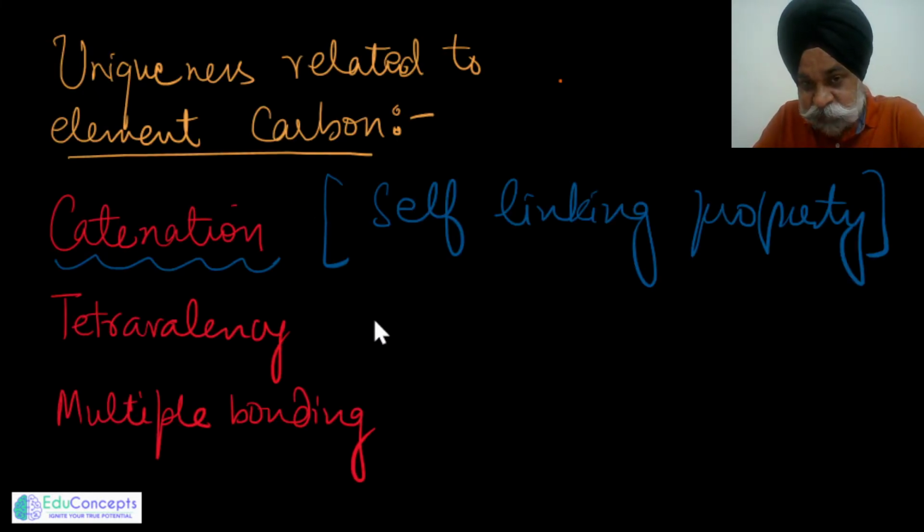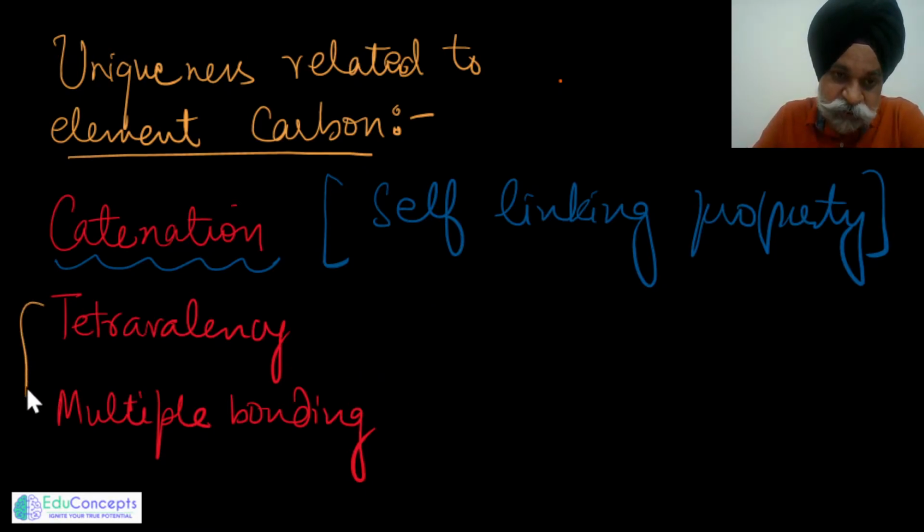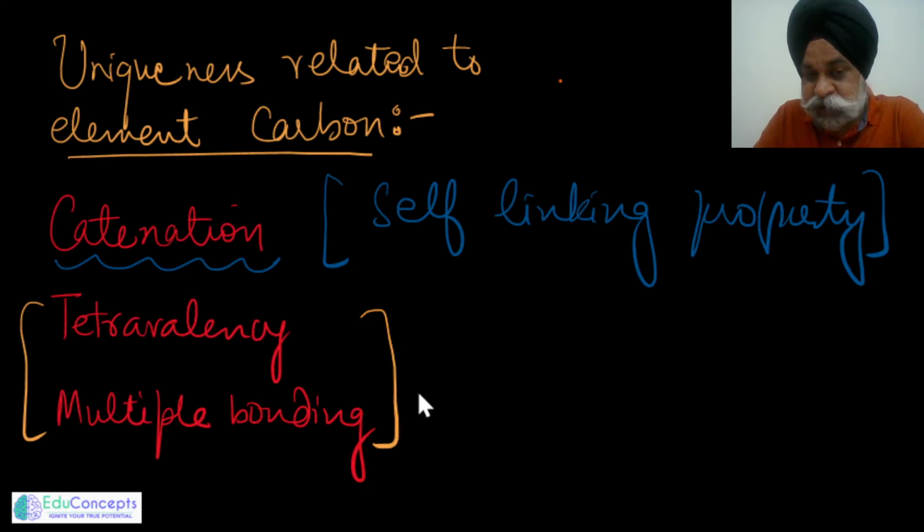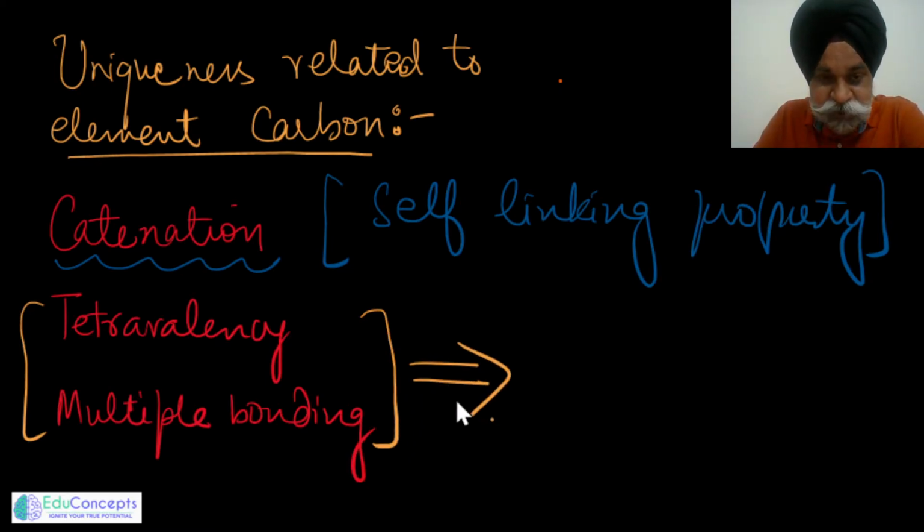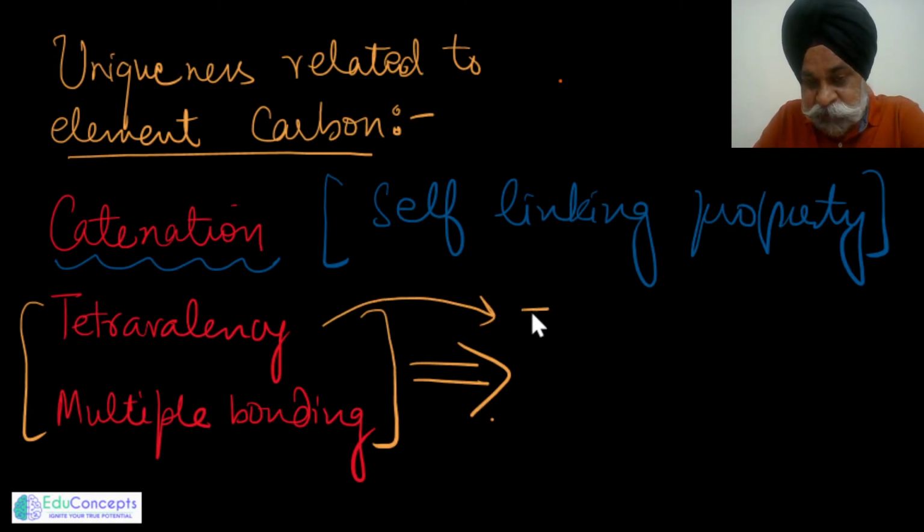And if I dig deep into it, what is the cause of the self-linking? The cause of self-linking is these 2 points, which we have already endorsed, the first is tetravalency. Carbon would always want to keep itself tetravalent.